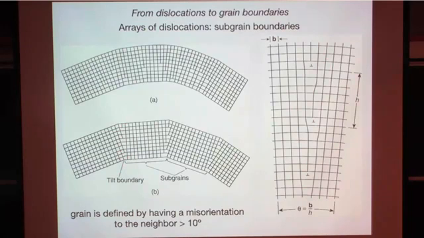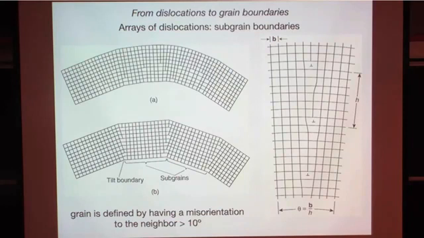The two sides of the crystal are sufficiently misoriented relative to each other that you have a macroscopic misorientation, and we typically define a separate grain, distinguishing one grain from the neighboring grain in these polycrystalline aggregates, if the misorientation is more than 10 degrees. I'll have one slide coming up that looks at why we picked 10 degrees.